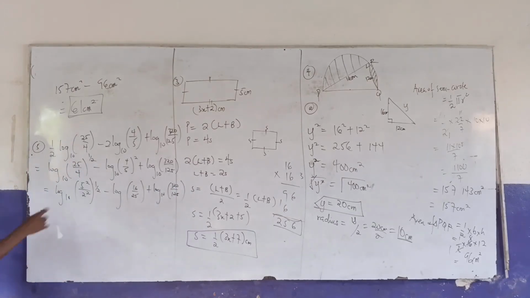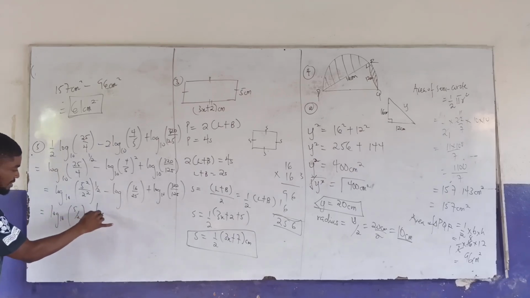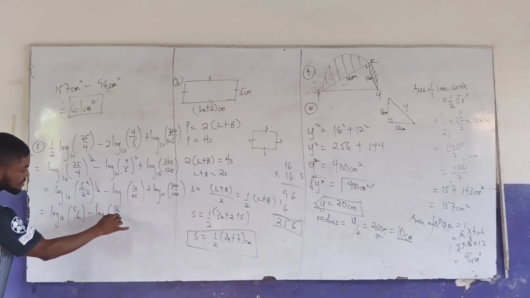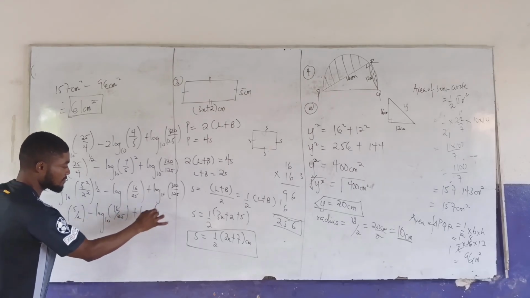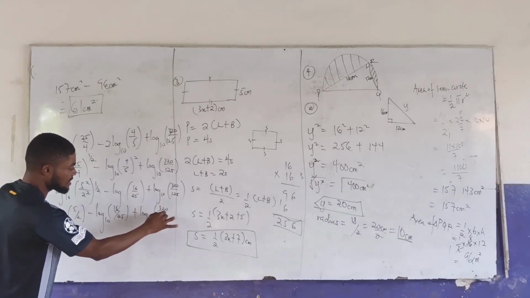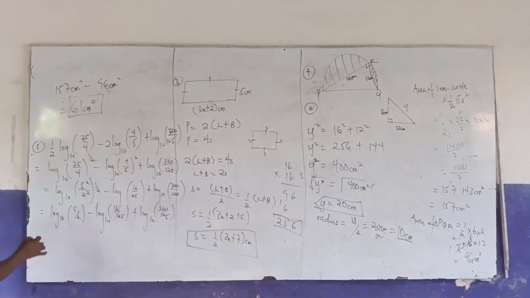Now this is going to take care of this, this is also going to take care of this, and so we have log base 10 of 5 on 2 minus log of 16 on 25 base 10 plus log of 320 on 125 base 10. Yes, so this is what we have now.